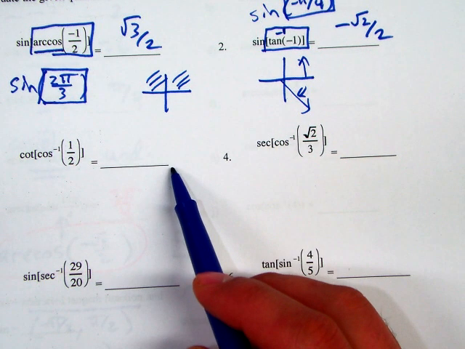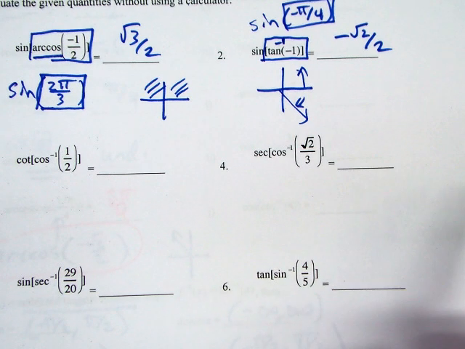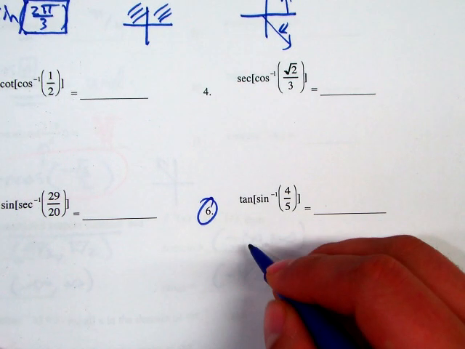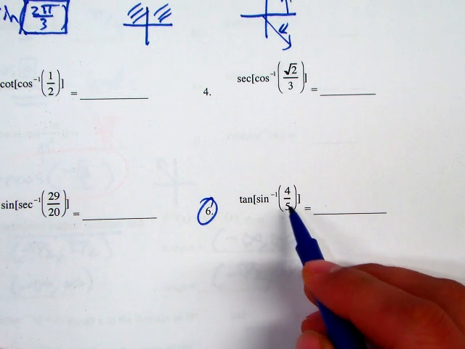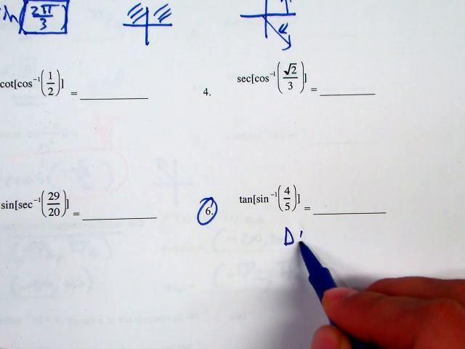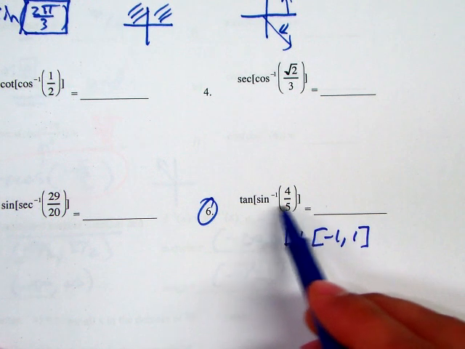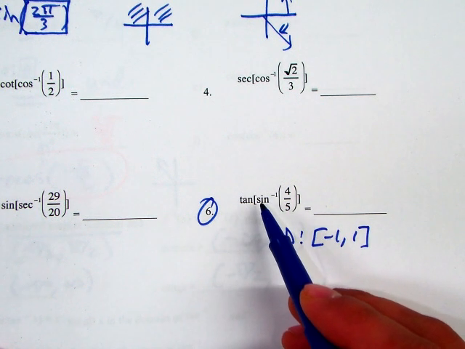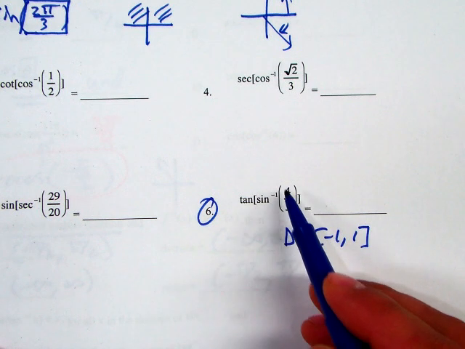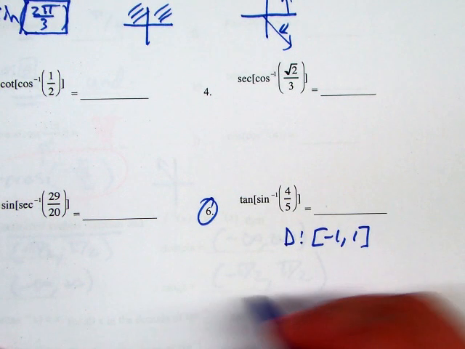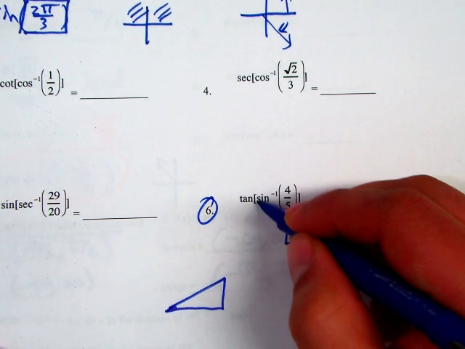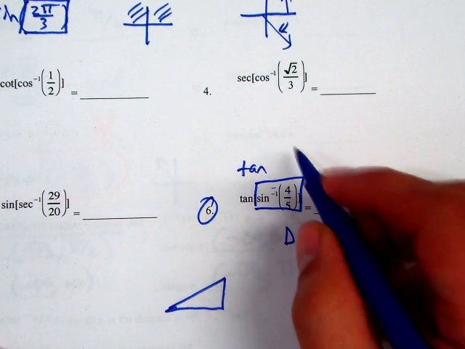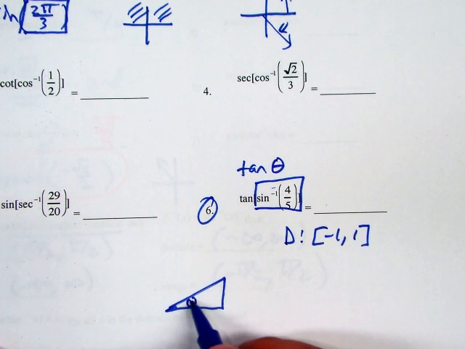Okay? Let's do one where maybe it's not quite as easy. Let's do this last one, number 6. So 4/5 is definitely between -1 and 1, so that means this is going to be possible, but it's not going to cancel because tangent and inverse sine are not opposites. And 4/5 is not something on the unit circle that we know. So, draw a triangle. We know that this inverse sine of 4/5 has to translate to some angle where the sine is 4/5.